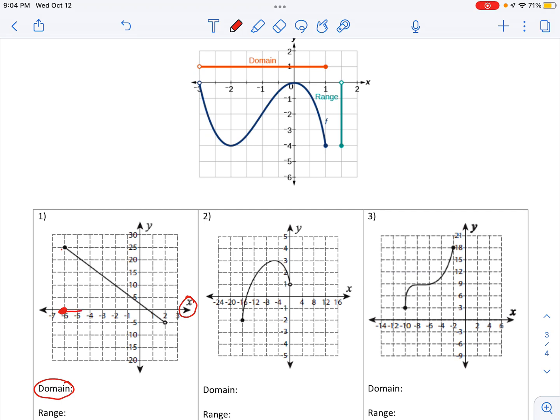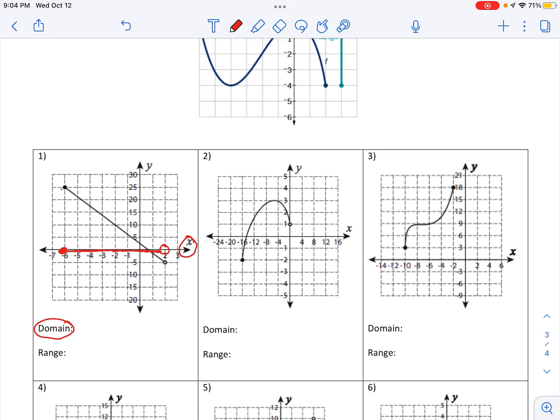Then that graph continues along all of these x values all the way until the last point where it stops right here. That's an open circle at 2. So the domain of this graph goes from -6 to +2.